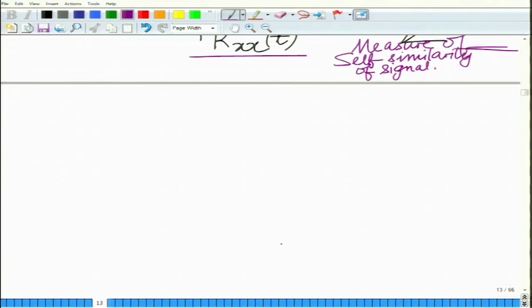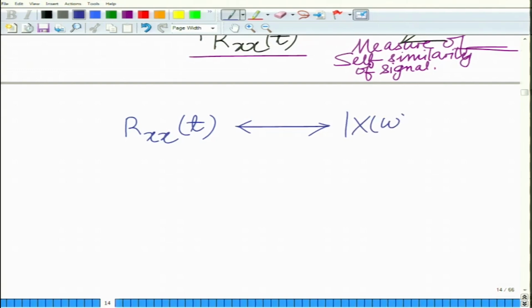that this autocorrelation r xx of t has the Fourier transform magnitude x of omega squared, which we also denote by the notation S xx of omega, that is the energy spectral density.